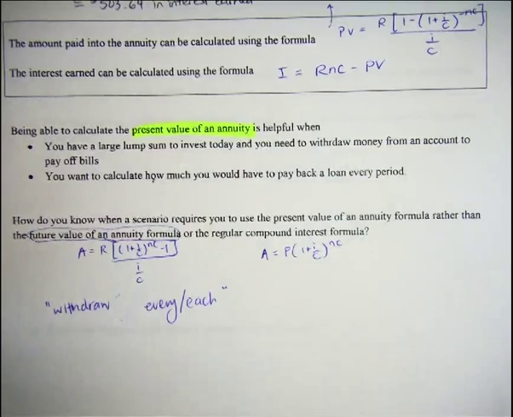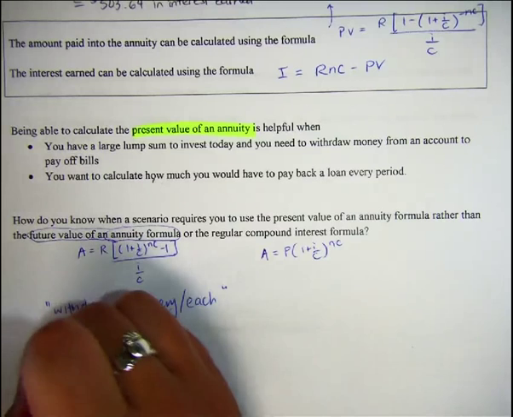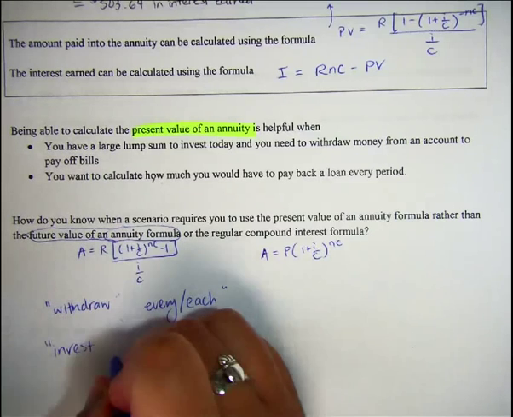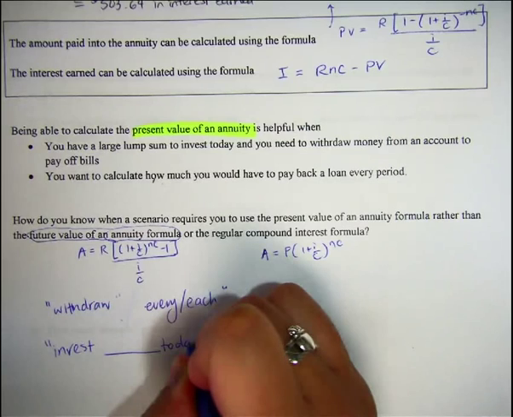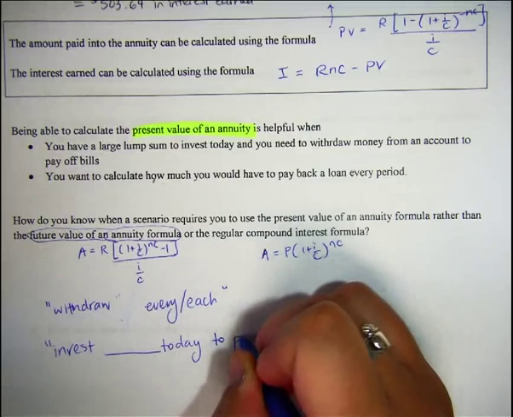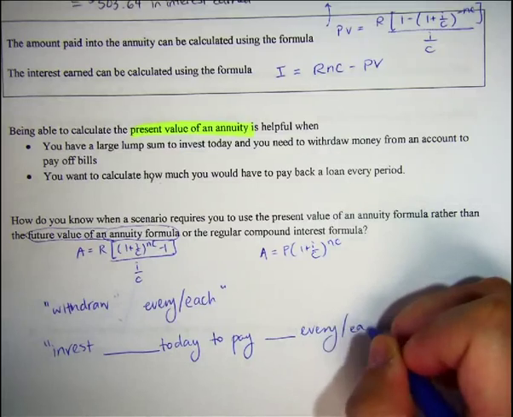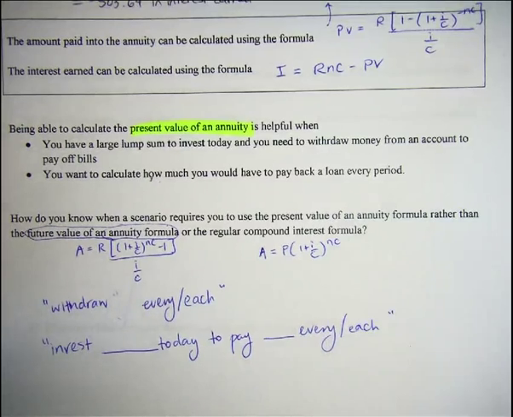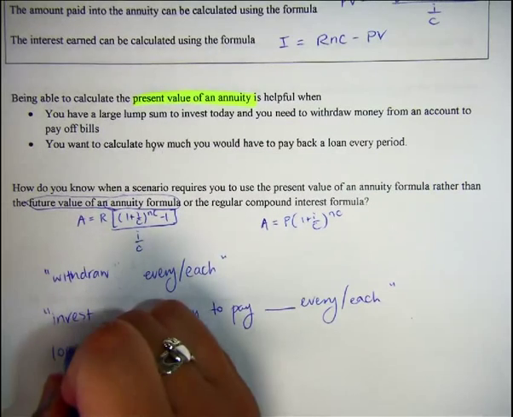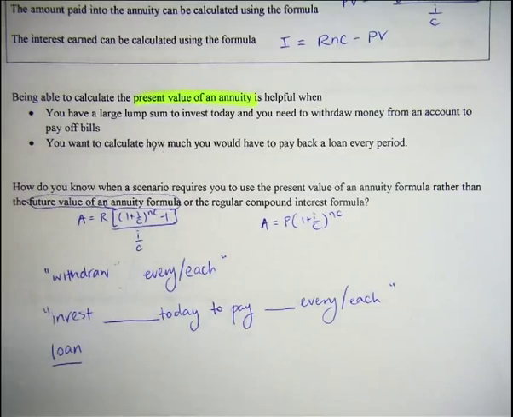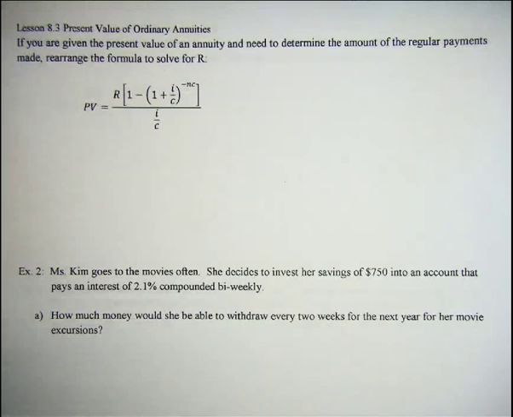So withdraw every month, withdraw every week, or if you see invest some amount today to pay something every, each, again, those keywords. If anything about a loan comes up, generally speaking, then you would have to use the PV formula. All right, now let's move on to the next page for the example.